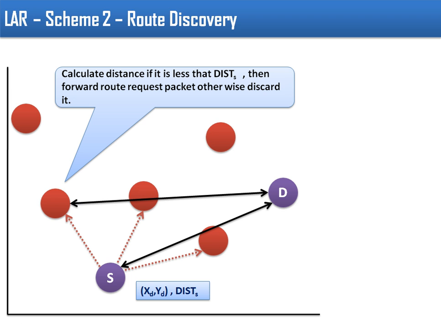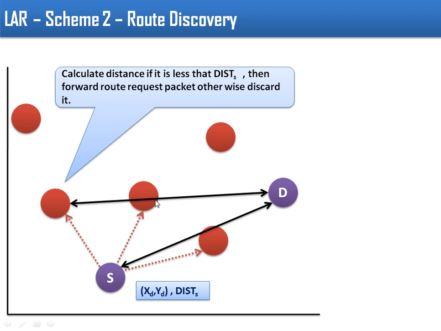Now when this node receives one copy, in order to find out whether it is eligible to forward this packet to its neighbors or not, it looks at the packet, which has the coordinates of D, and this node has its own location, so it will calculate the distance between the destination and itself.